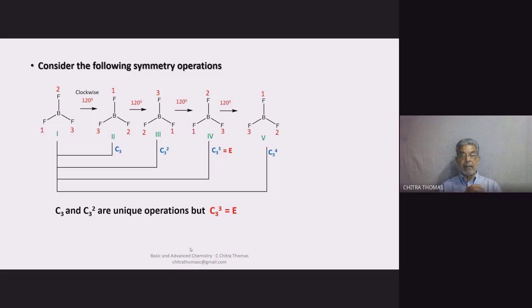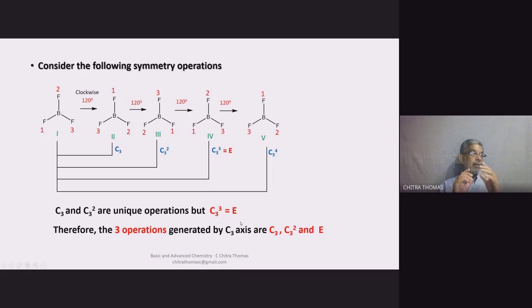Now, count the number of times the C3 operation is carried out before you arrive at the identity operation. How many times? This is 1, 2, 3rd. You get the identity. C3 and C3 squared are the unique ones, and C3 cubed is identity.